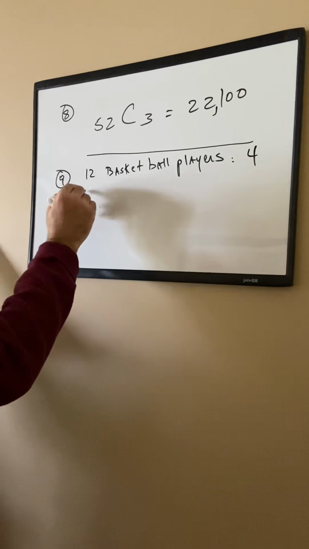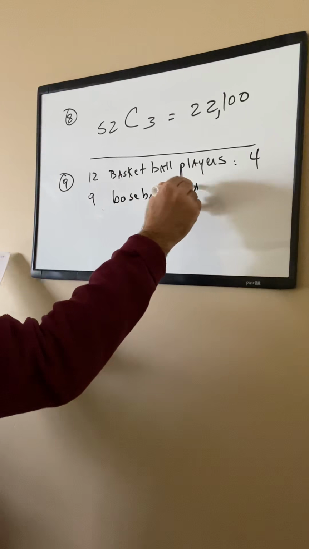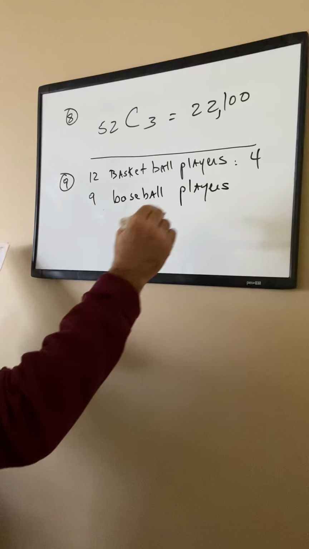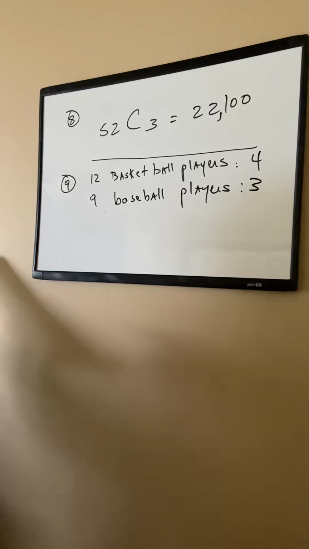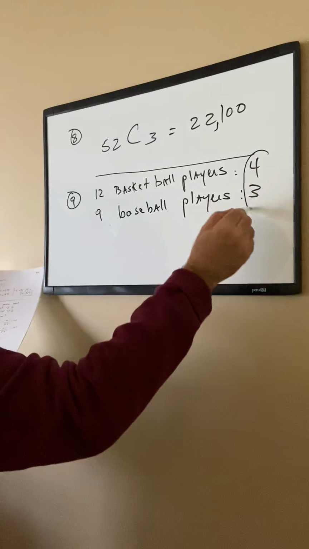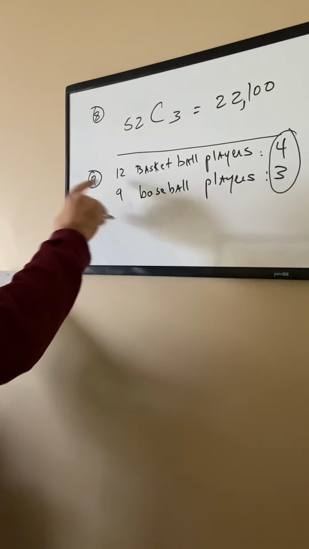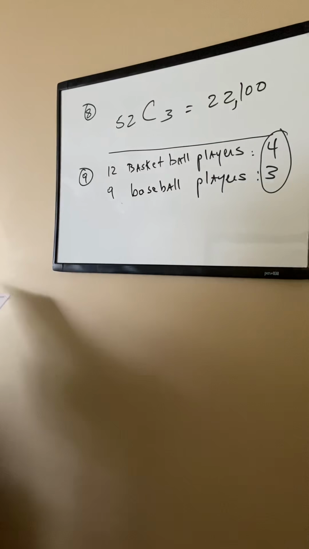And we are given 9 baseball players from whom we want to select 3 at a time. The question is, how many combinations of players can we select such that 4 are going to be chosen out of 12 and 3 are going to be selected out of 9.